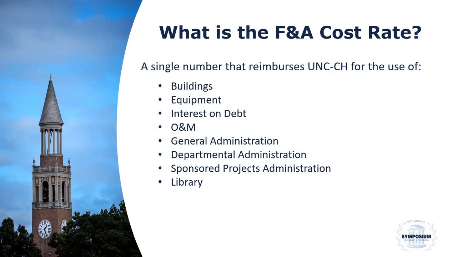We can recover interest on buildings, operations and maintenance, utilities, housekeeping, all that related to the maintenance of the buildings, administrative related costs, not only central related activities such as finance and payroll, but your own departmental administrative costs related to supporting research, obviously the sponsored projects administration part of it, the Office of Sponsored Programs, the Office of Clinical Trials, and IRB, and so on and so forth. And then there's a reimbursement element for the library.